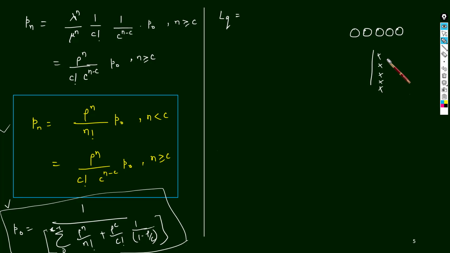So till 5 customers come, then all will get the server. So there will not be any queue. As soon as the 6th customer comes, then there will be a formation of queue. That means till n is equal to c, there will not be any queue.